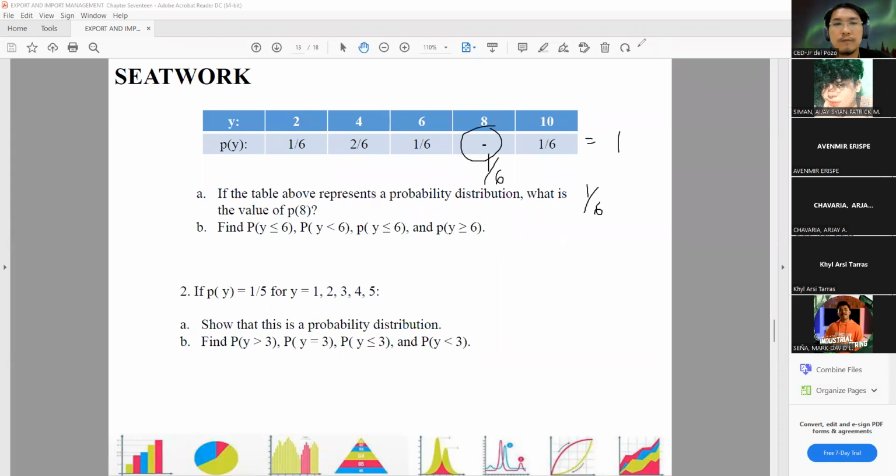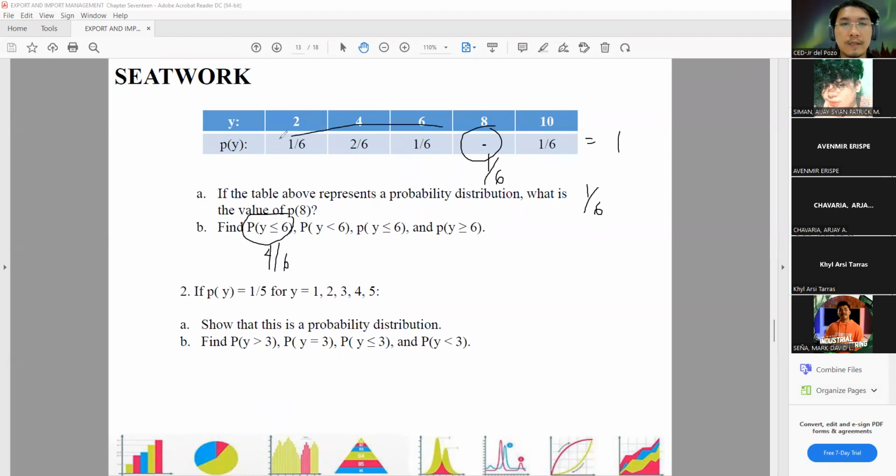What is the value of y if y is less than or equal to 6? Ano yung magiging value natin? Ito muna tayo, dito muna. What is the value? Yeah, 4/6.